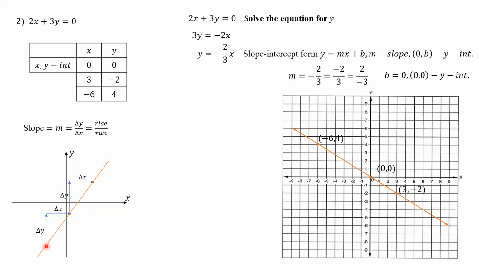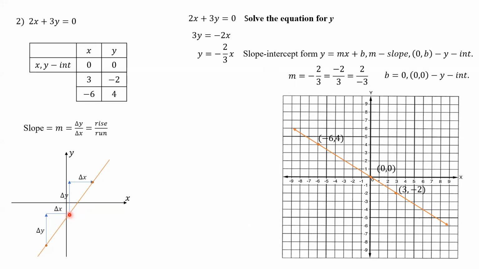And I'm going to call it a starting point. Now, if from that point I perform the steps according to my slope, meaning moving delta y units in the vertical direction, and then delta x units in the horizontal direction, I will end up at a point on my line.